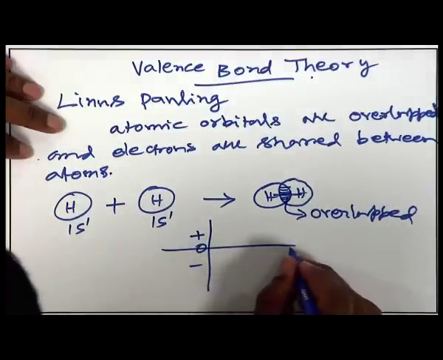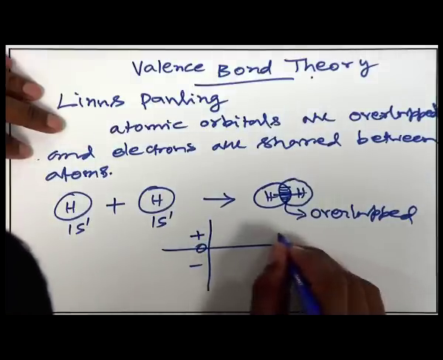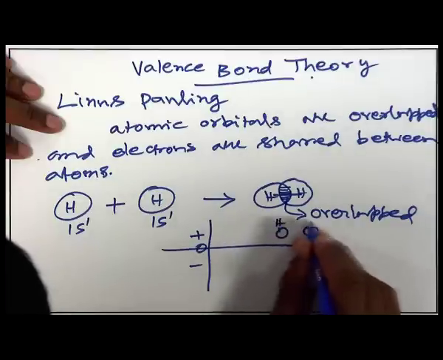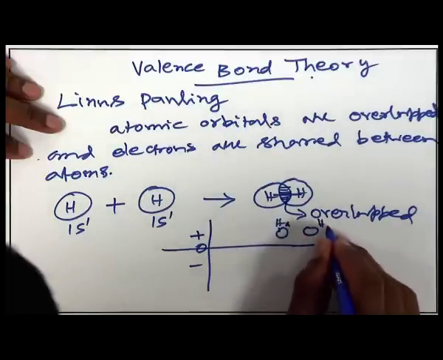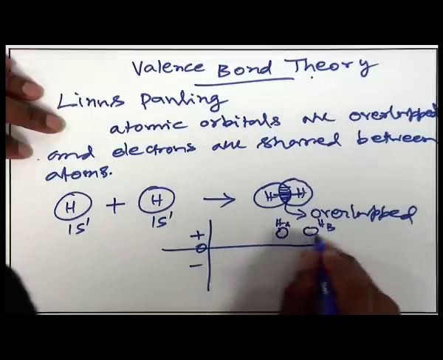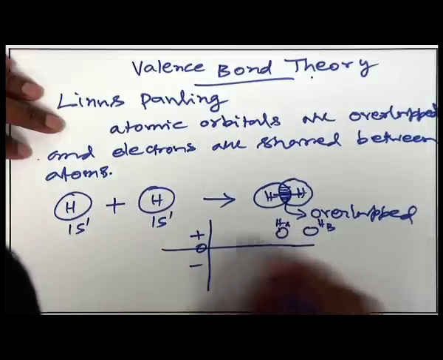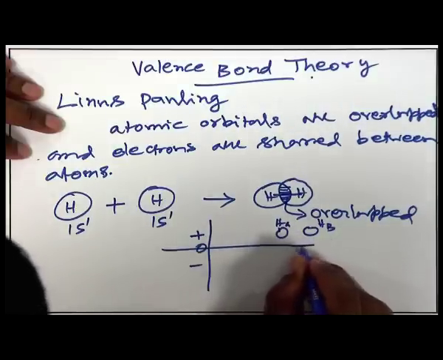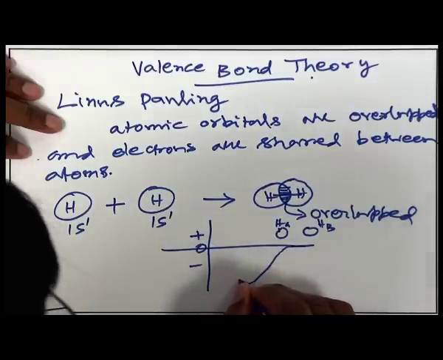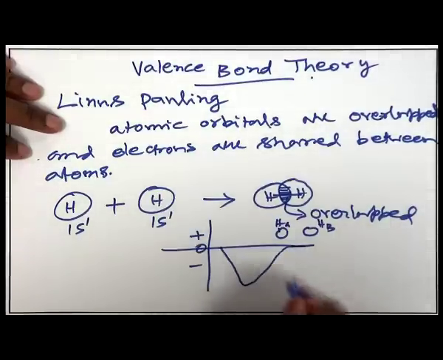You are starting with 2 hydrogen atoms, let us say HA and HB, each with a 1s orbital. Between the two hydrogen atoms there is no interaction, so the potential energy is 0. As they get closer the energy decreases, reaches a minimum and then increases.